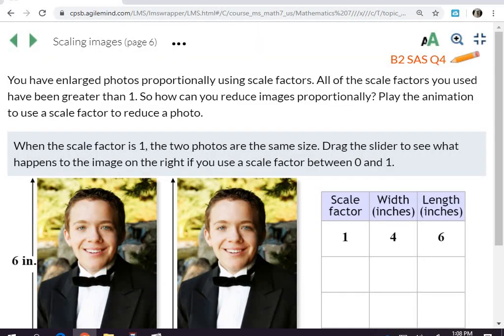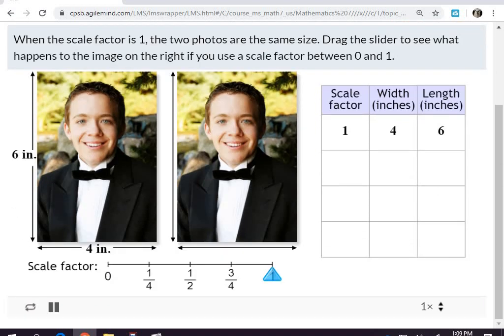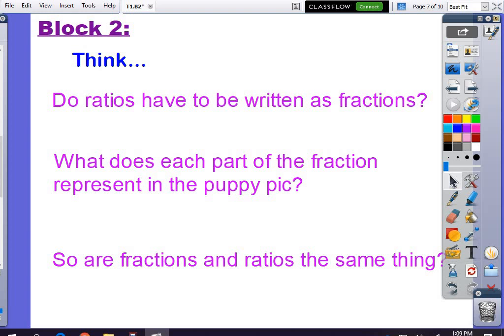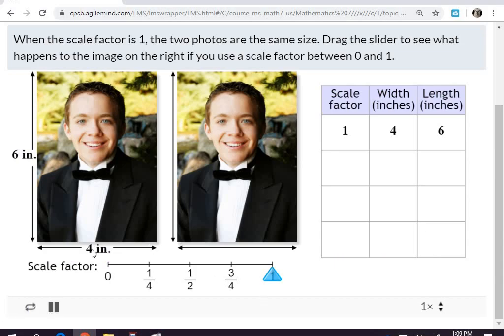So I have this fella in a nice little bow tie. And what does this scale factor look like it's doing here? What does it look like we're going to be dealing with?